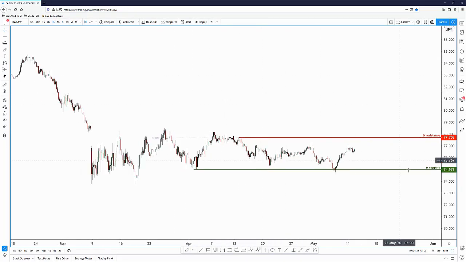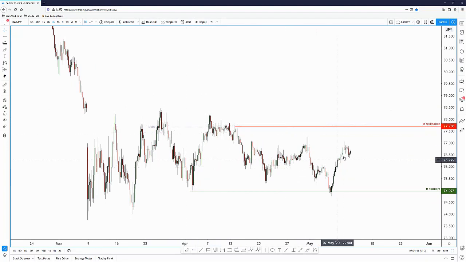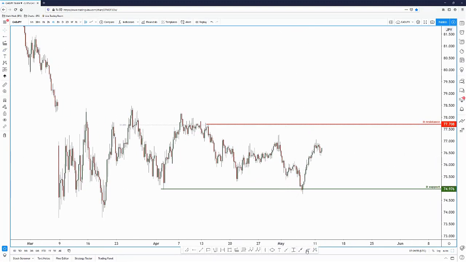As mentioned, on the daily we see that price has been going sideways, and we want to try to short at the resistance or long at the support. Now, what's interesting here is that on the 4 hours, we want to look for 4-hour resistance and support.